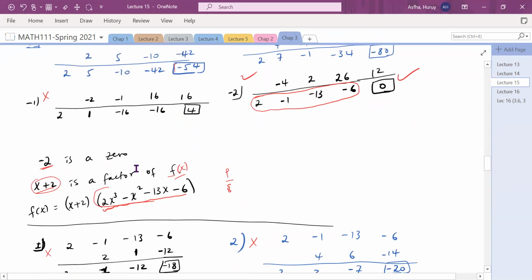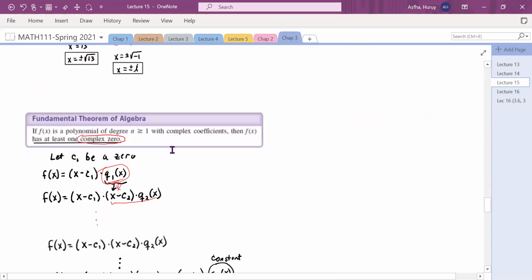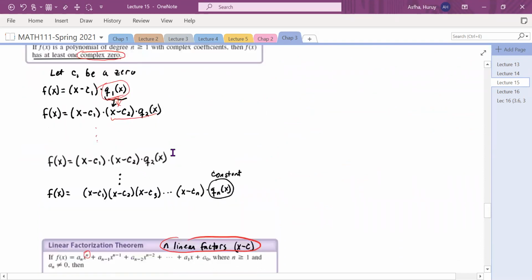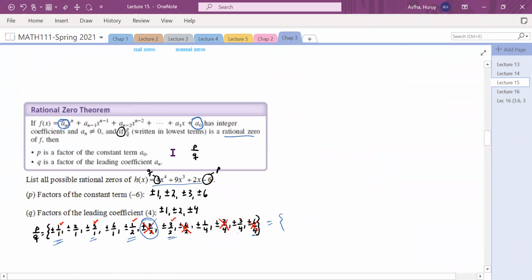And of course, we have other theorems like the fundamental theorem of algebra, the linear factorization theorem, and so on and so forth. But coming back to this one, using this theorem, if we have a polynomial which has larger coefficients, then the list may get bigger and bigger.